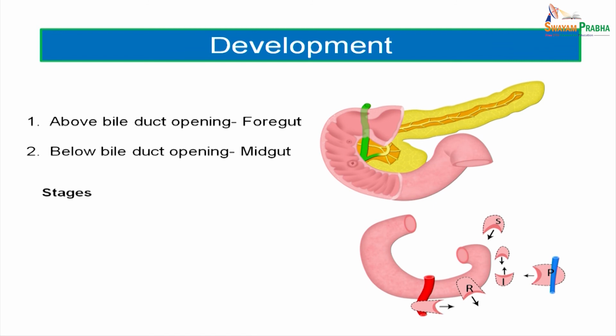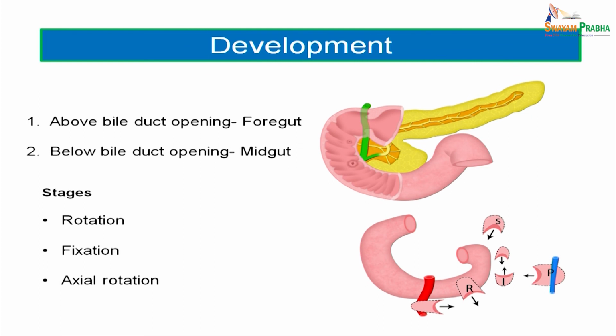If we take the development of the duodenum as such, it develops in three stages: rotation, fixation and axial rotation. In rotation, initially the duodenum is a ventral loop. Then it undergoes rotation to the right, so that the anterior surface now becomes the right surface.